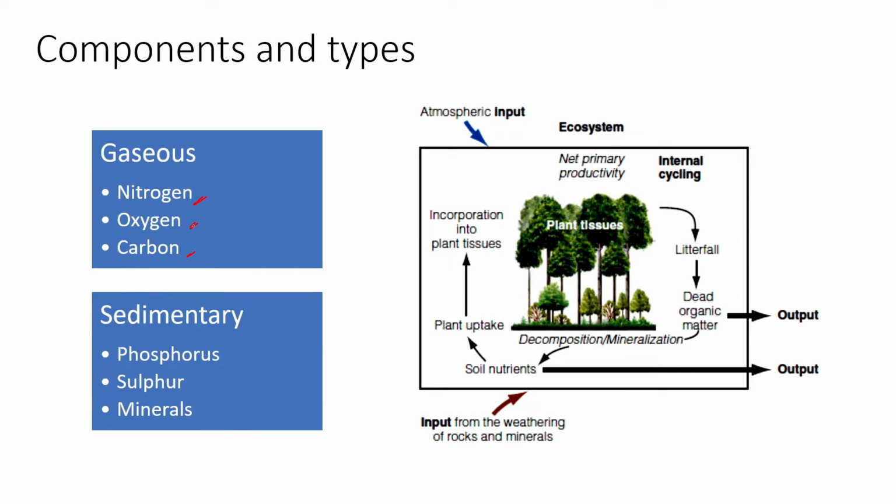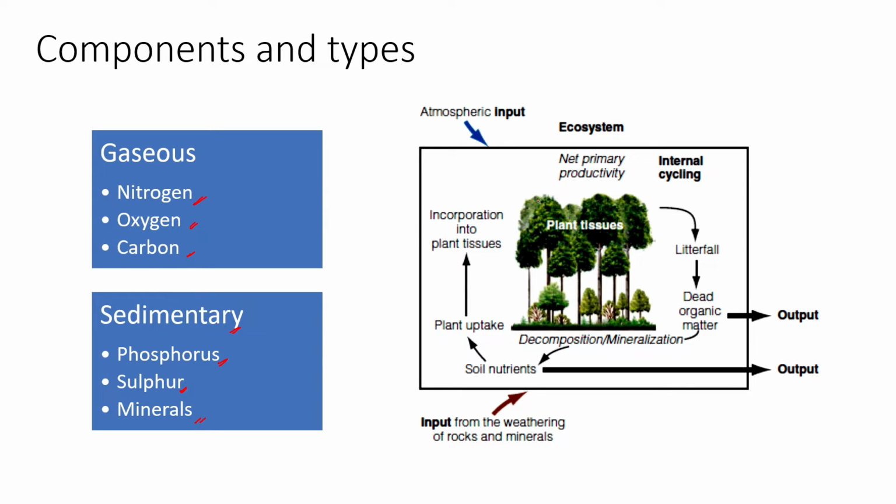When we talk about biogeochemical cycle, that refers to biological, geological, geographical, and environmental concepts, as well as the chemicals that are inserted inside. And when we talk about the sedimentary parts, we are talking about phosphorus, sulfur, and different minerals.